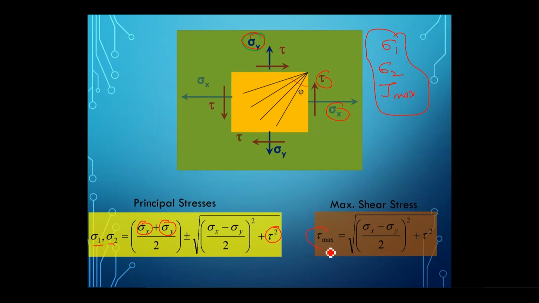And maximum shear को find out करने का तरीका ये है कि it is dependent upon sigma x, sigma y and tau. So this is the way you could find out sigma 1, sigma 2 and tau max for a material.